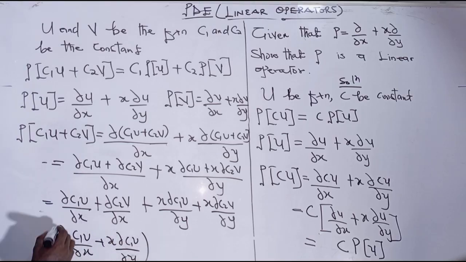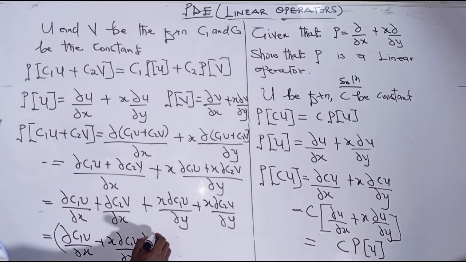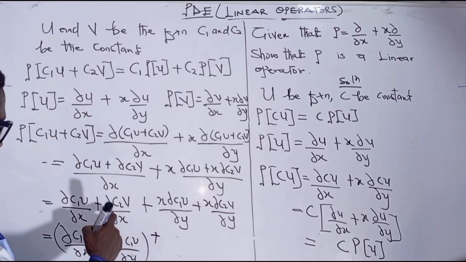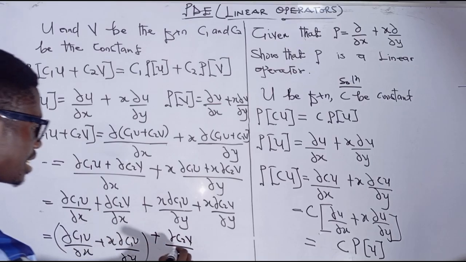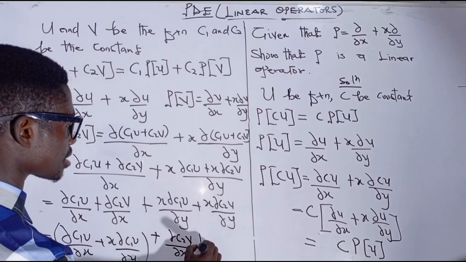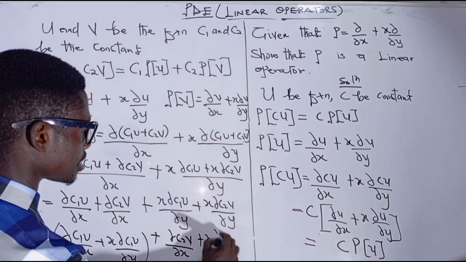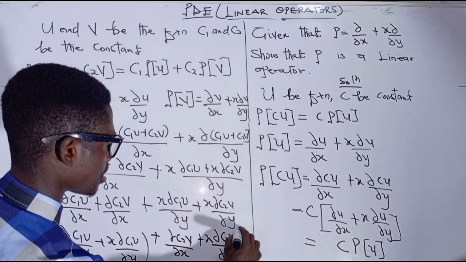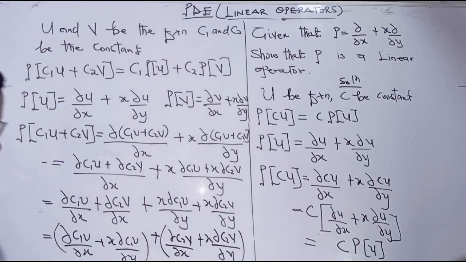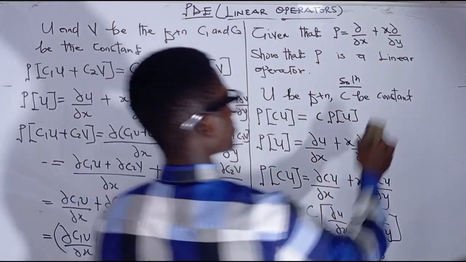You group it, you put it in a nice bracket. So we have plus del C2V all over del x plus x del C2V all over del y. Let's continue from the top here.